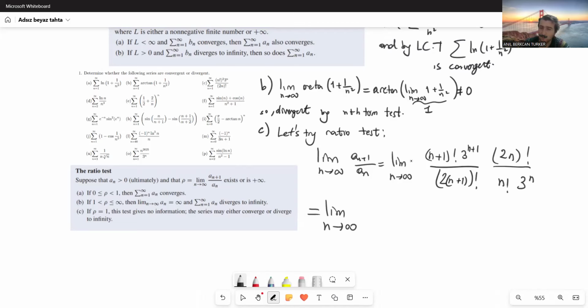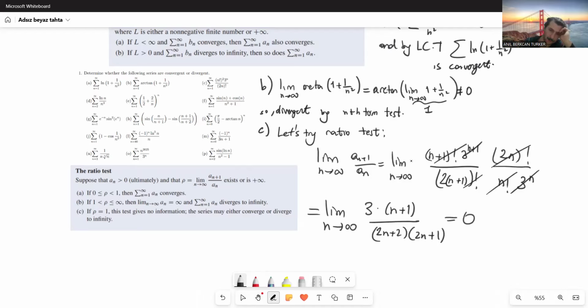N goes to infinity. So I have 3n plus 1 and 2n plus 2, 2n plus 1, right? These are gone. These give me this thing. If I calculate this, you will see that this is a degree 1 polynomial, everything is positive, and this is degree 2, so this limit is 0.